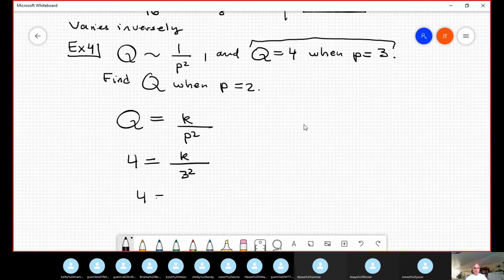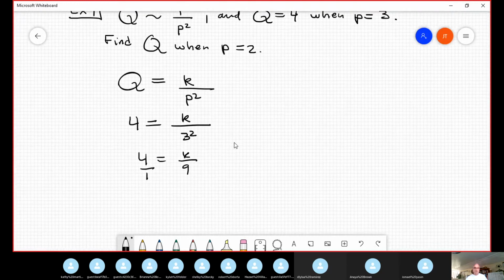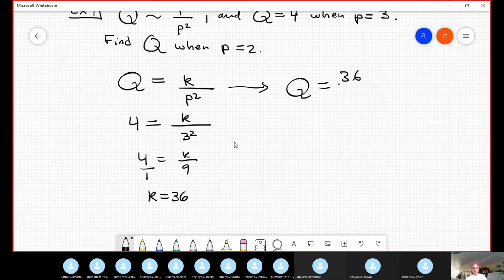So 4 is equal to K divided by 9, and applying cross multiplication, I discover that K is equal to 36, which is 4 times 9. I come back to the original equation, but now I know that K is 36, so Q is equal to 36 over P squared.